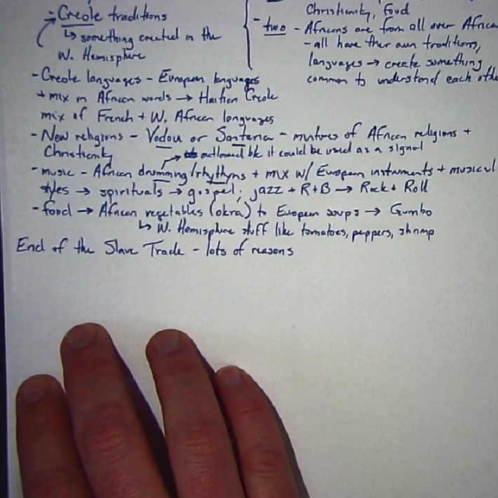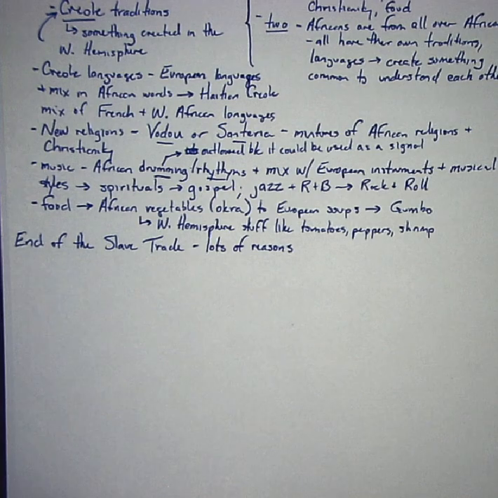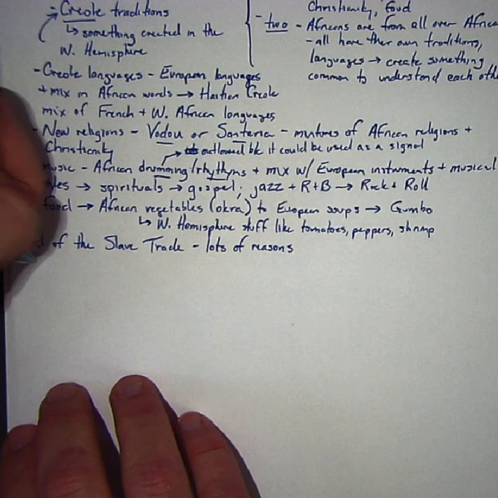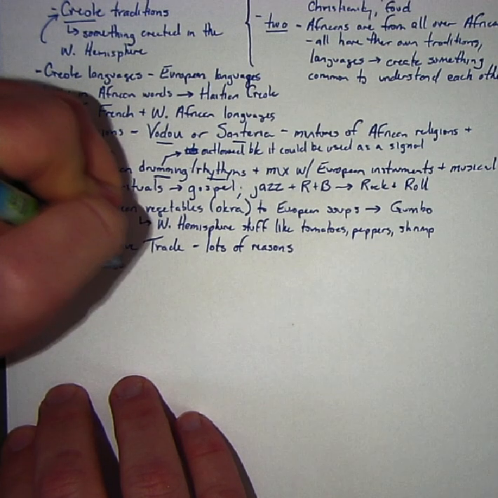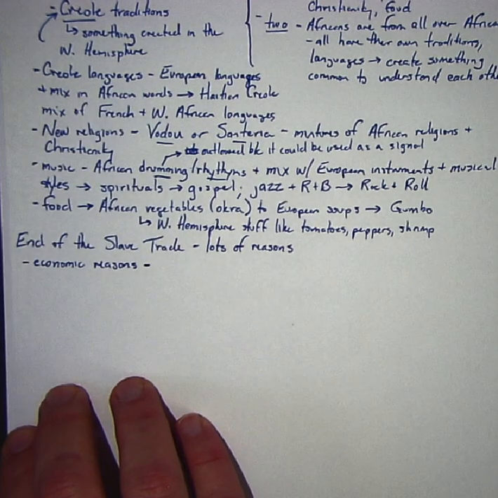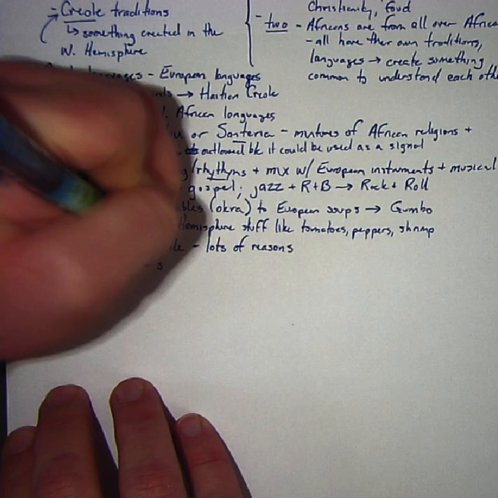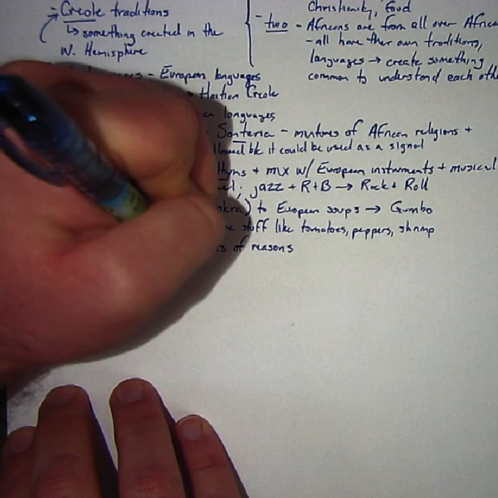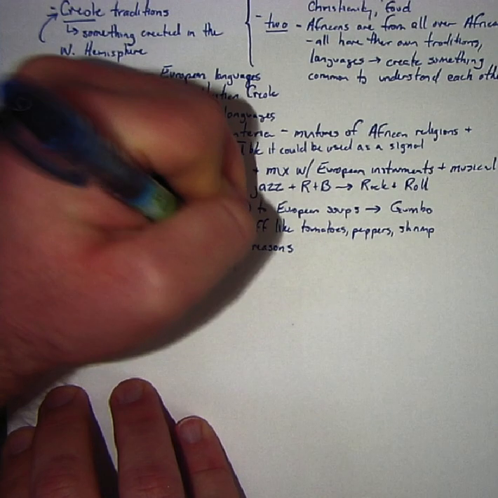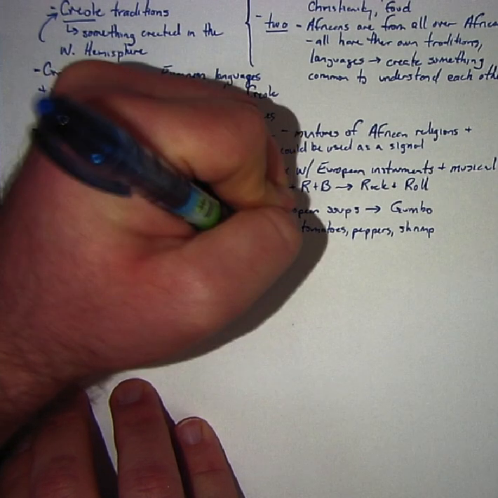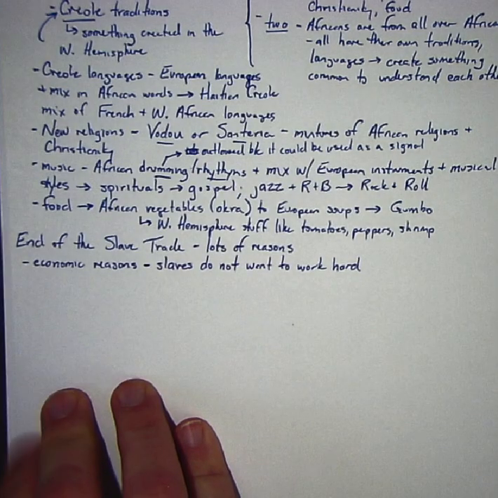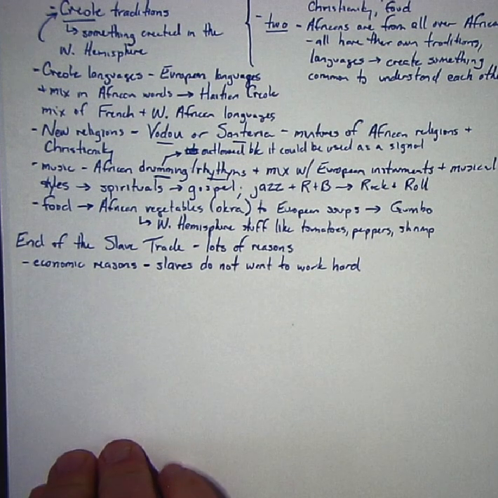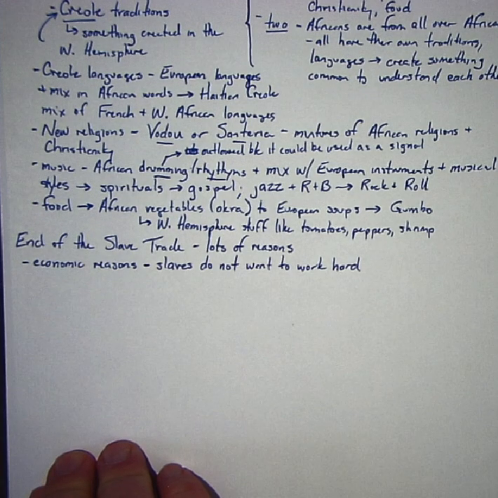A lot of these reasons can be economic in nature. So, for one, and this should come as no surprise to anyone, slaves do not want to work hard. They will only work as hard as they need to avoid being punished.